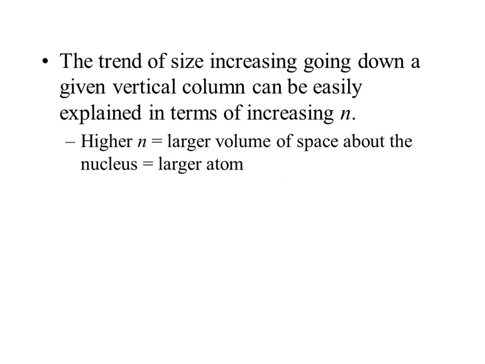Okay. So now we're going to talk about the size increasing going down. The size of an atom is governed mostly by its electrons, basically by the electron cloud, which dictates how big an atom is.